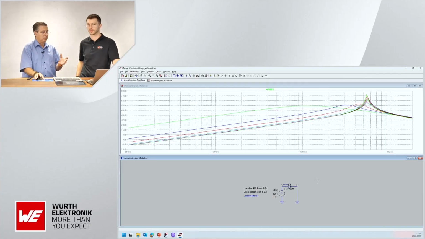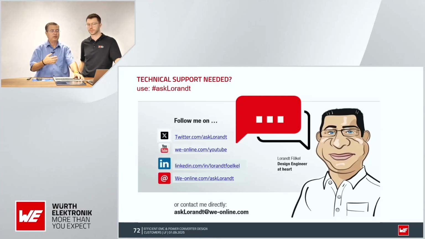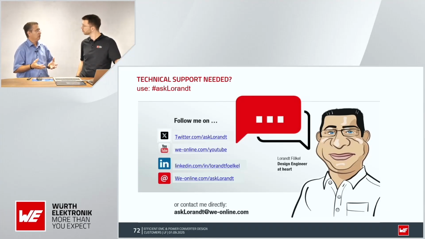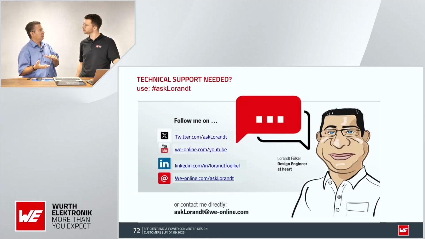If you use a bigger one, you can also use a higher current. The more ferrite you have, the more room there is to put the magnetic field into the core. So yes, it is happening. It's like DC biasing of MLCCs. The current makes a magnetic field, but the bigger the bead, the less saturation you will have. Okay, thank you very much, Lorandt.